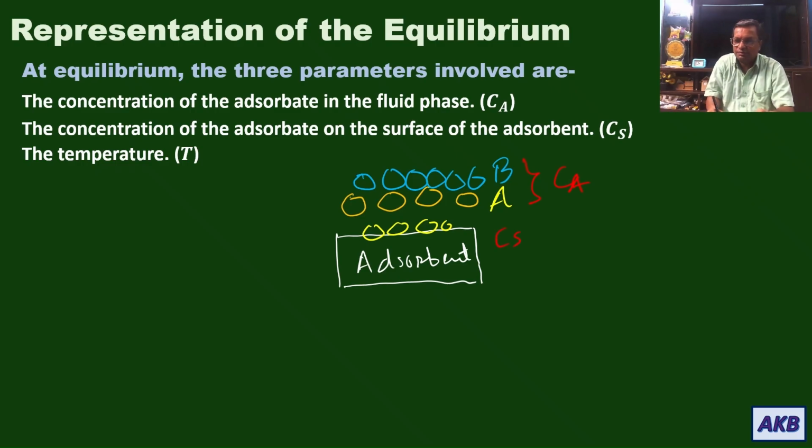So you have concentration in the fluid phase, concentration on the adsorbent surface, and one more parameter, which is temperature. So at equilibrium, you have these 3 parameters, and we are going to use them to represent the equilibrium.